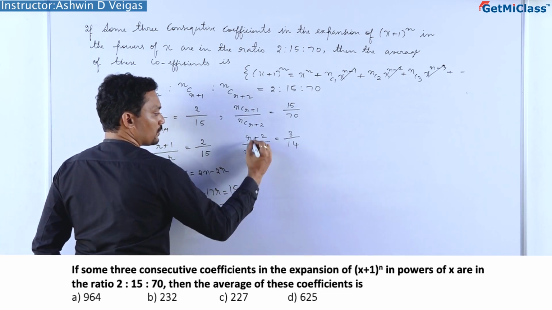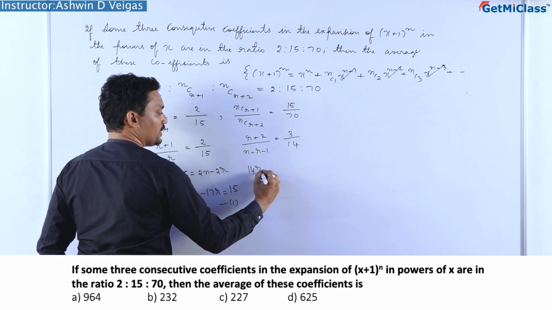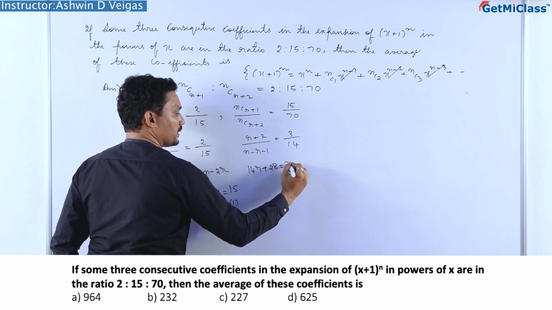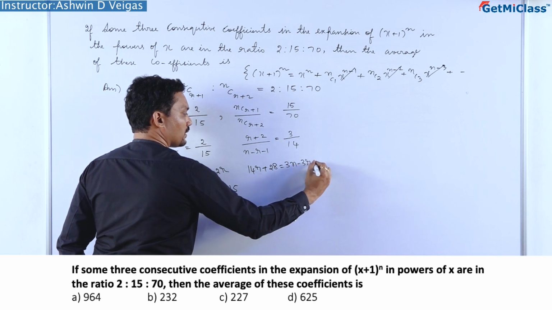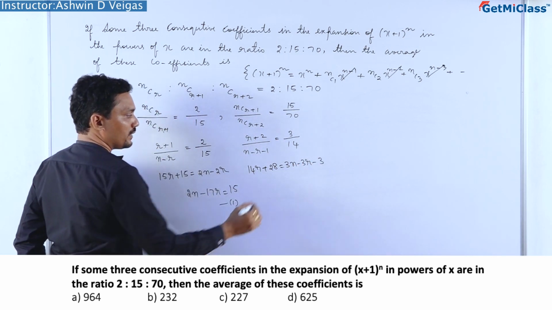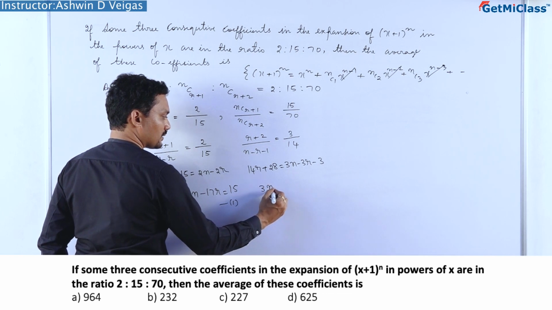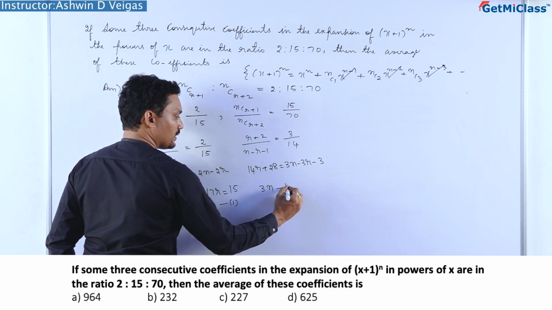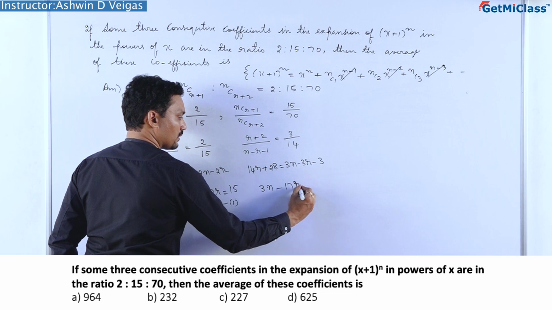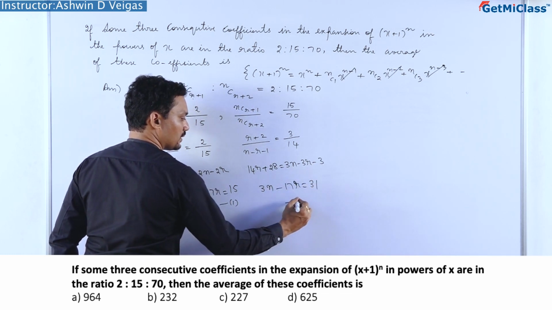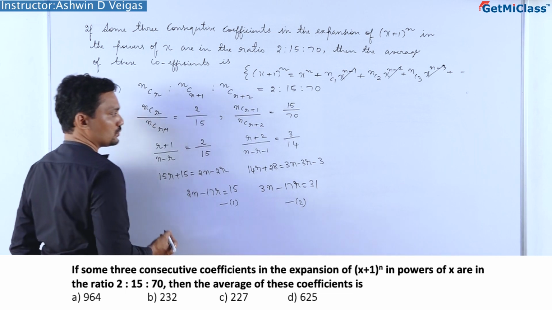Similarly, if you cross multiply this, you will get 14r + 28 = 3n - 3r - 3. Again, if you bring this to the other side, you can write this as 3n - 17r = 28 + 3, that is 31. This is equation number 2.